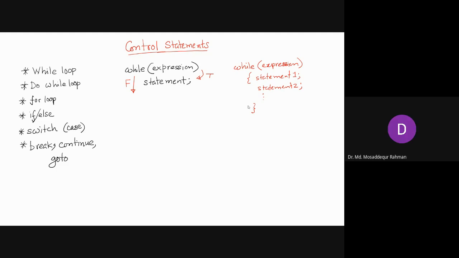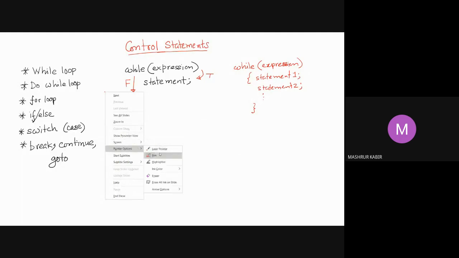Sir, pertaining to the while loop, other than these two ways of expression, is there any other modified syntax for the while loop which involves putting it within the curved bracket?